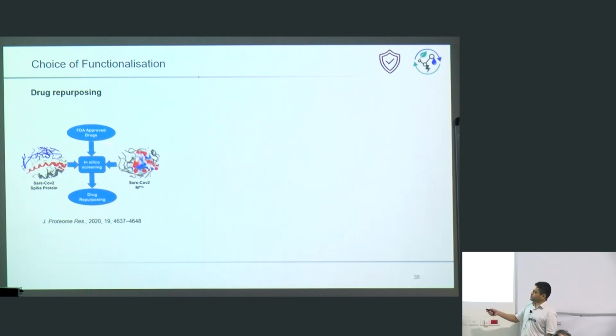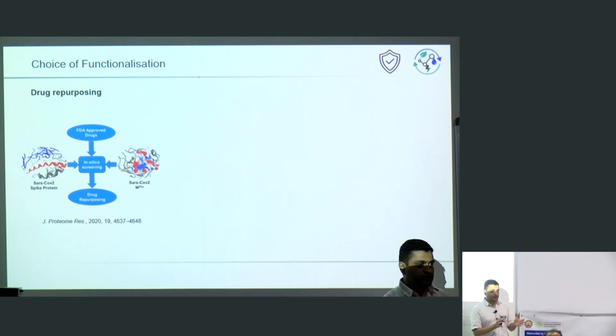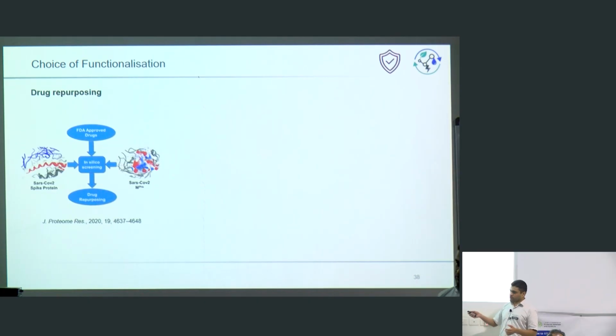And what they did is they just took those drug molecules, took the spike protein or the virus particles, calculated the binding energies. So wherever they found that there's a good hit, and if that drug molecule is still okay for human consumption, that drug was repurposed for clinical trials. And this is how you typically do it, but at that time it was much faster because of computational chemistry.